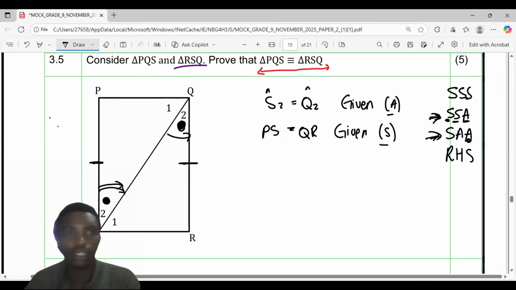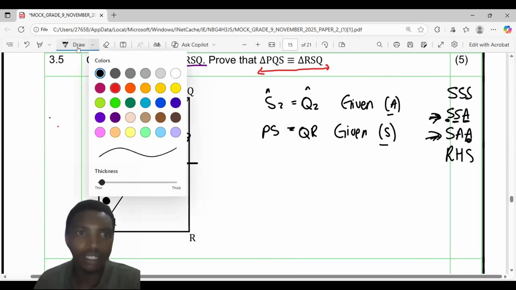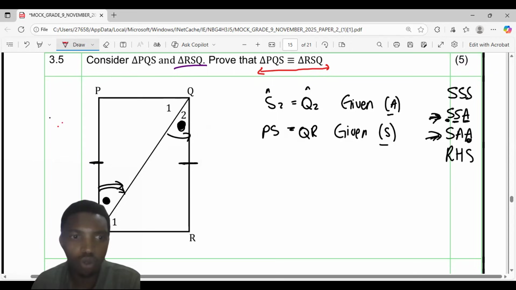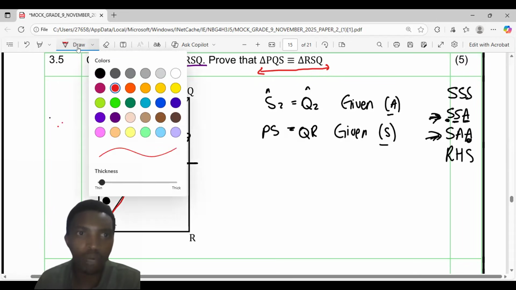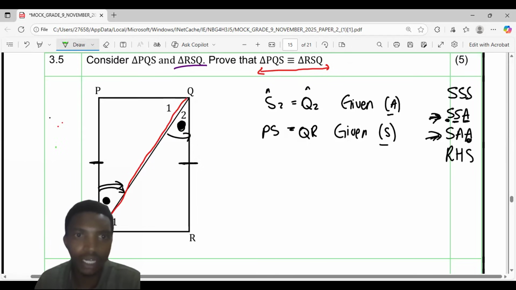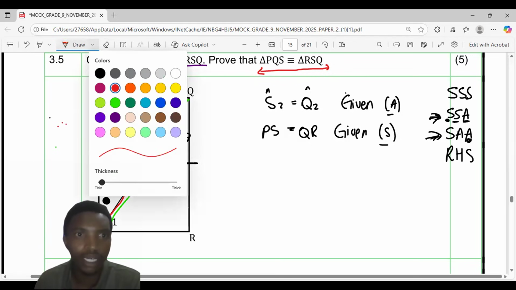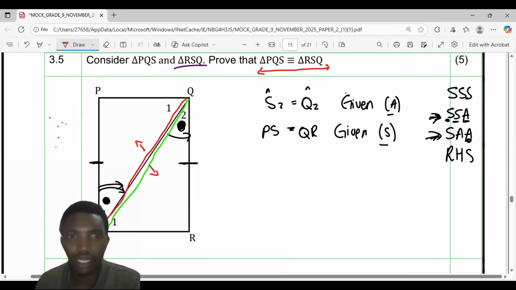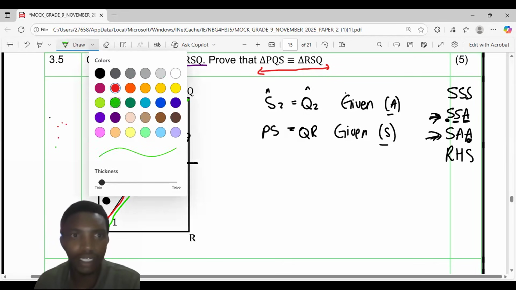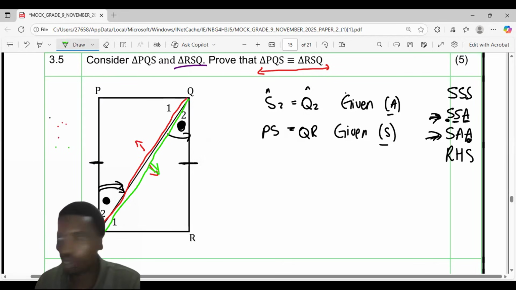We can clearly see that this side is for both of the triangles. It applies to this triangle here, and it also applies to this triangle here. Meaning that side is a common side.